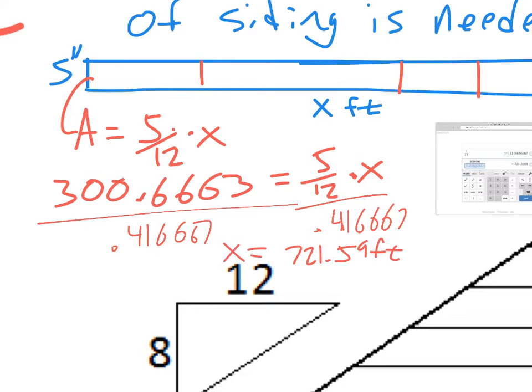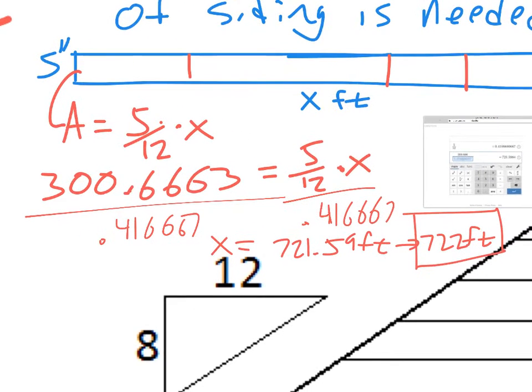And so that would be x, which we want to round to 722 feet. Okay? So no matter what length of boards we get, if we got 12-foot boards, 16-foot boards, or whatever, 20-foot boards sometimes, we need a total of 722 feet in length. And then that would cover it. Again, we would need to order some extra for the little cutoffs, because when we do this, there'll be little pieces that we'll lose. But 722 feet gives us a good idea of the length we need.